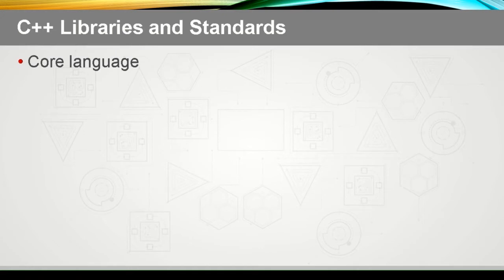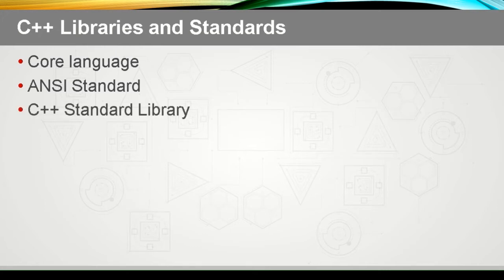But it was originally defined in the ANSI standard C++ in the late 1980s, and then developed into more high-level ideas that got included in the standard library, which is all written in C++. This has containers, algorithms, and complex types, all provided in the C++ standard library.